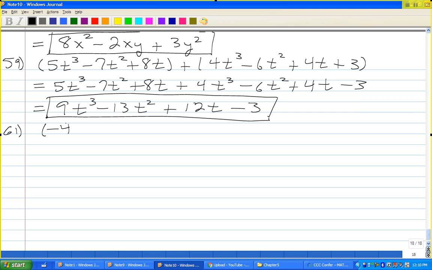Minus 4r cubed plus 7r plus 9 plus 6r cubed minus 7 minus 8r squared plus 10. Then get rid of all the parentheses.